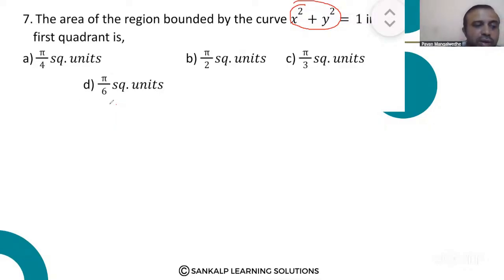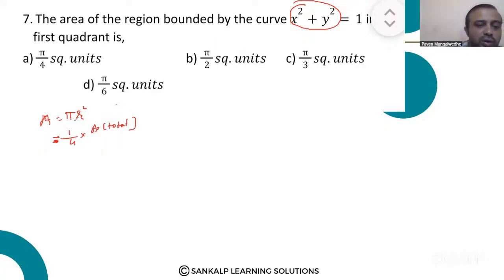The area of a circle is pi r square, but we only require the area in the first quadrant. One circle is divided into 4 quadrants, so it is 1 by 4 into the area of the total.